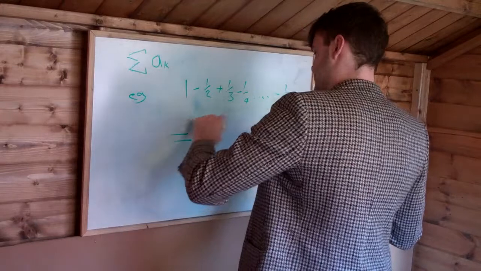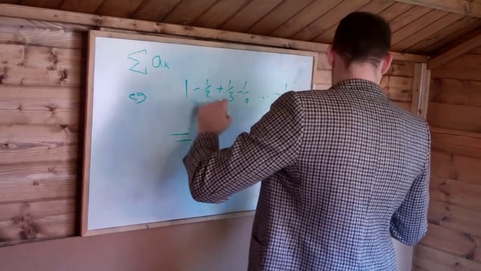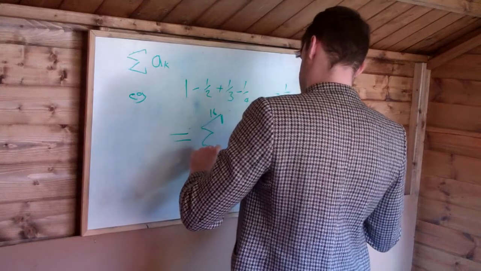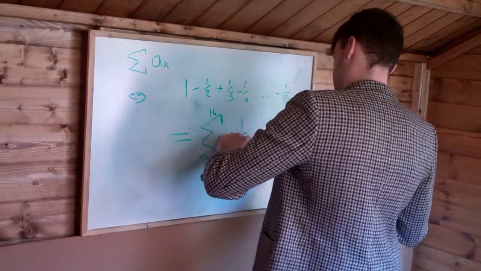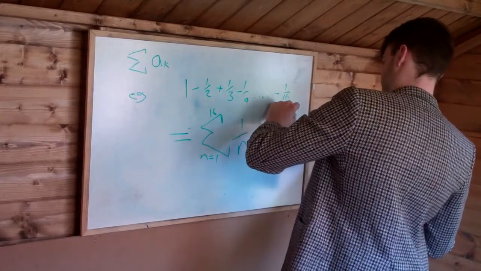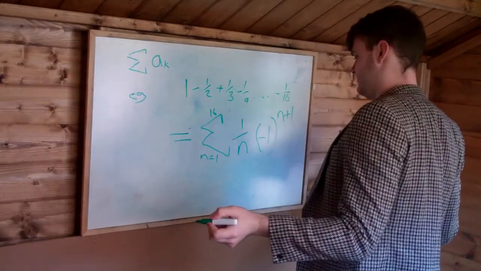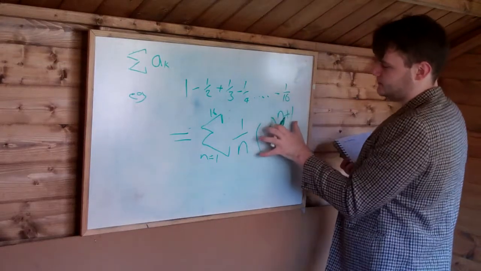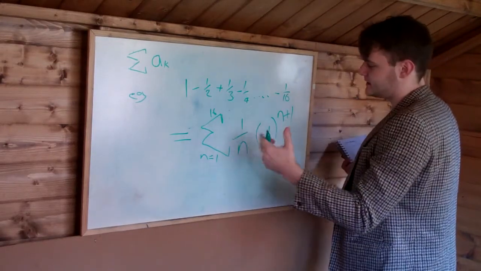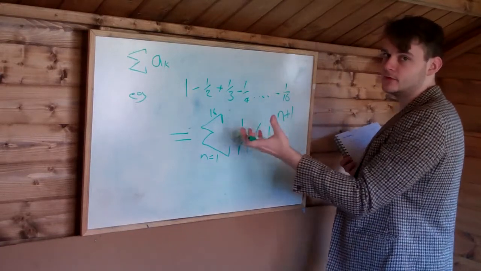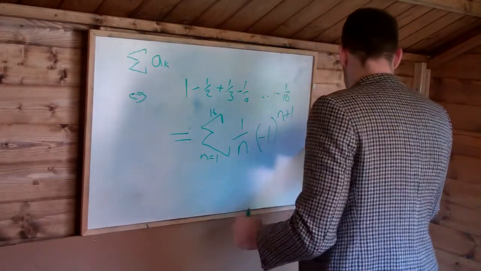We can write this as this, I think, with 16 on the top, because this is the last one. 1 over n, times minus 1 to the power. Is that right? We can see that we got this term here because the sign alternates, so even powers are 1, odd powers are minus 1. That's why the sign alternates.